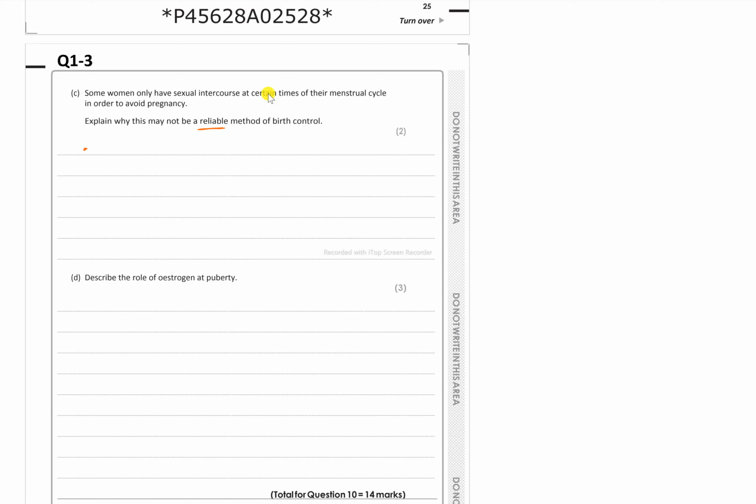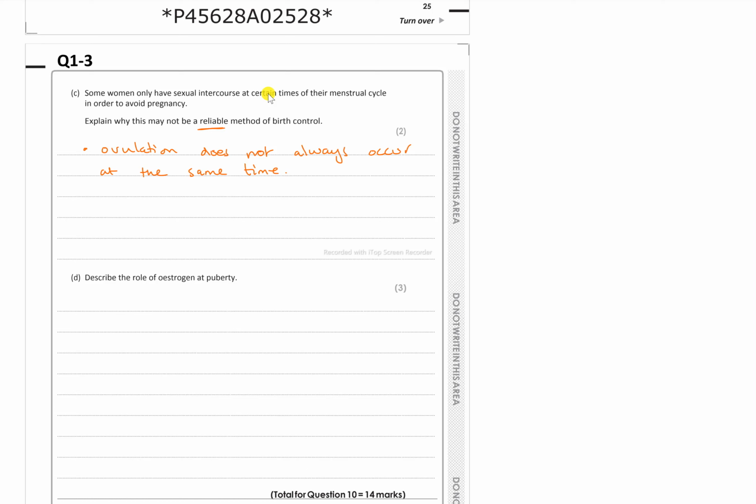Right, because ovulation does not always occur at the same time. It can occur at different times during the month or during the cycle.